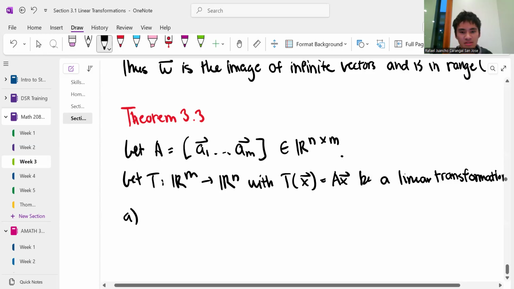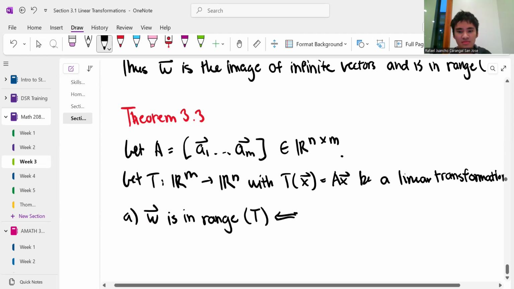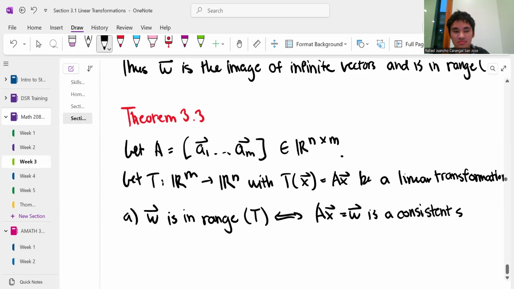Here are the conditions. So vector W is in range of T if and only if AX equals W is consistent. So it has to have at least one solution.